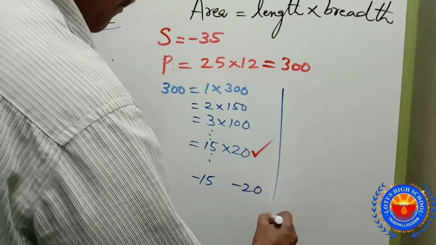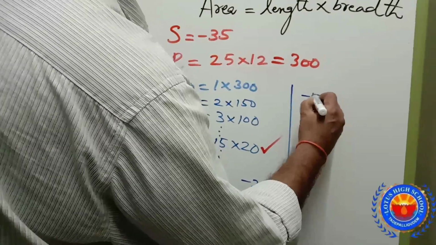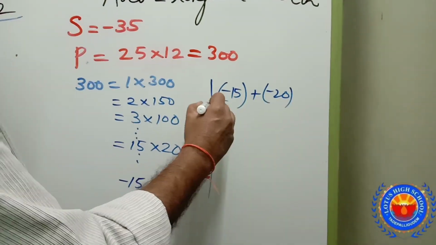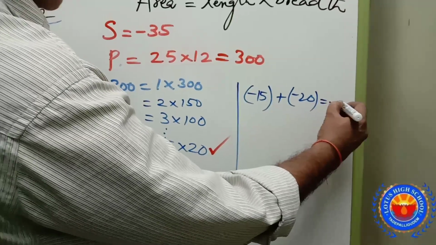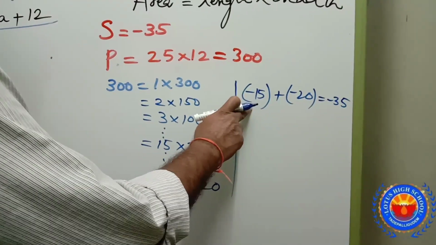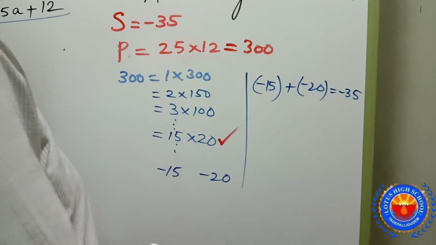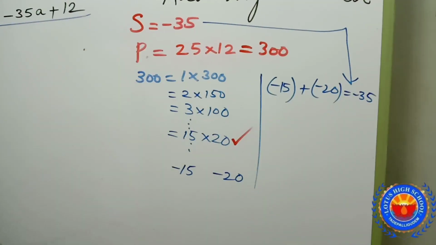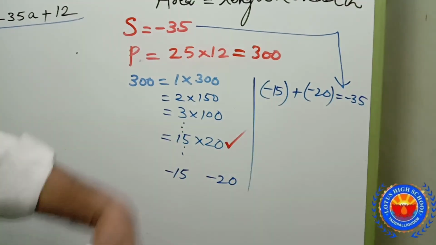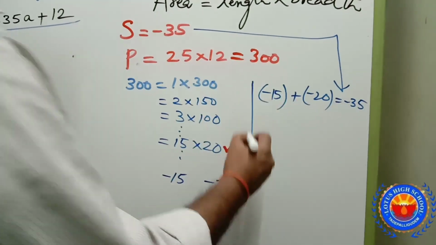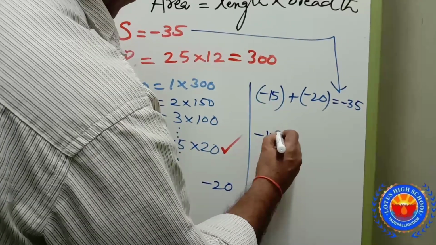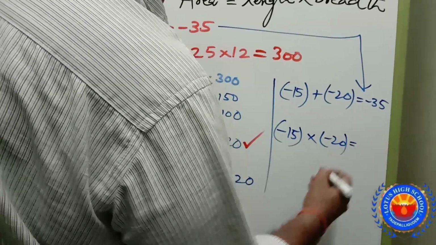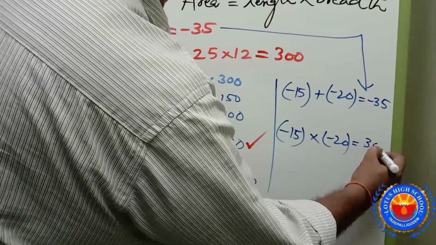If I add minus 15 and minus 20, that is nothing but minus 35. Here sum is equal to minus 35. Now the product of these two numbers, minus 15 into minus 20, is equal to plus 300.